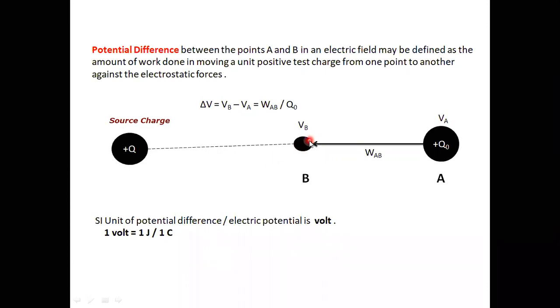V suffix B is the potential at point B, and V suffix A is the potential at point A.